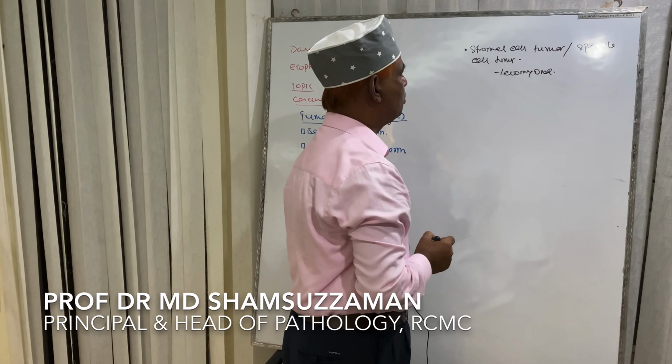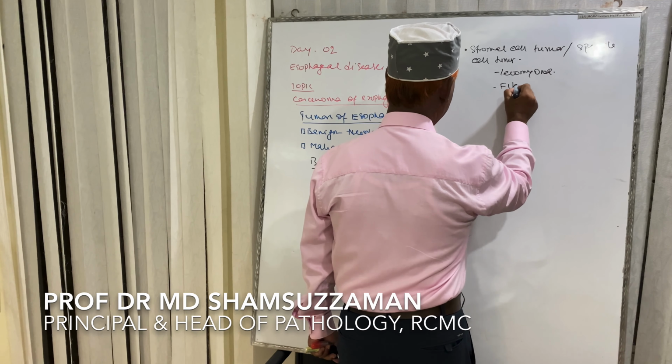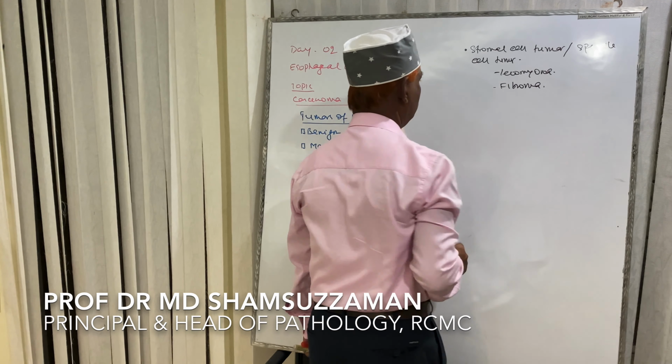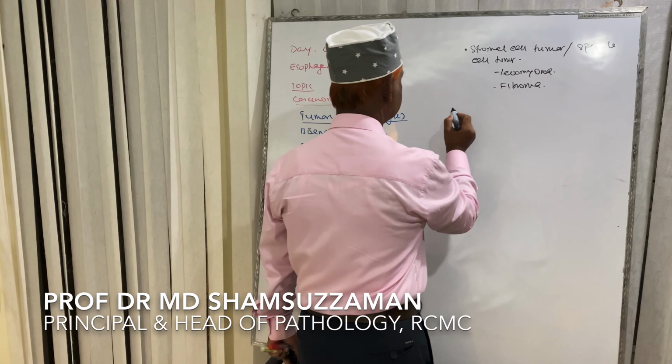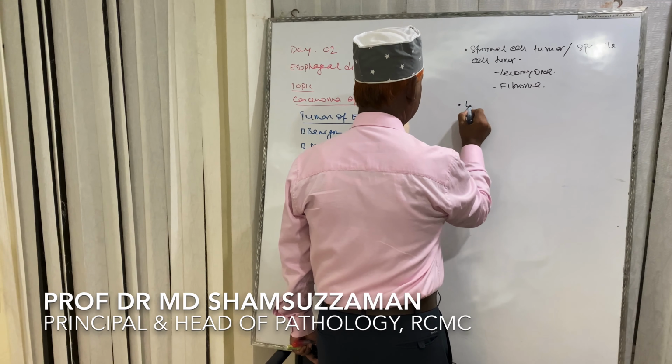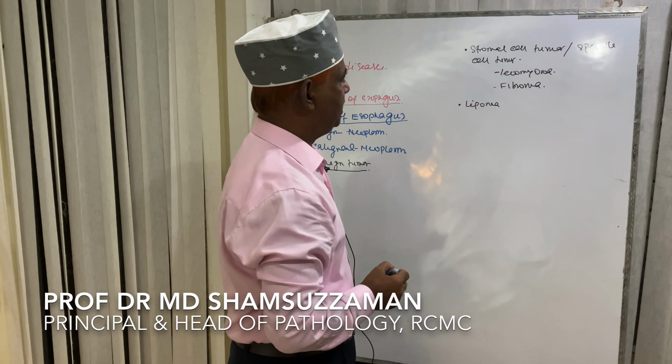Dear audience, you know leiomyoma is the benign neoplasm of smooth muscle, and it may be fibroma. You know benign tumor of fibroblast is called fibroma. There may be lipoma, benign tumors from the adipose tissue.